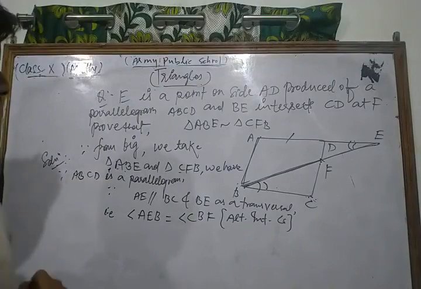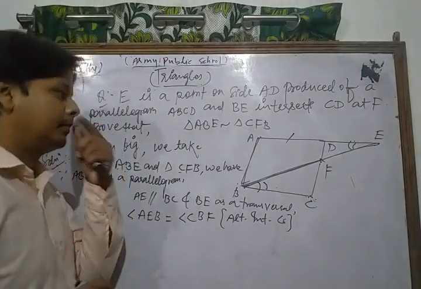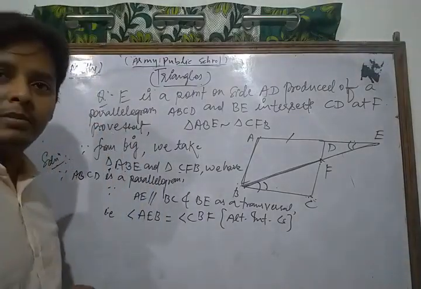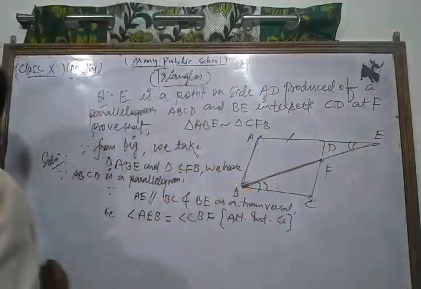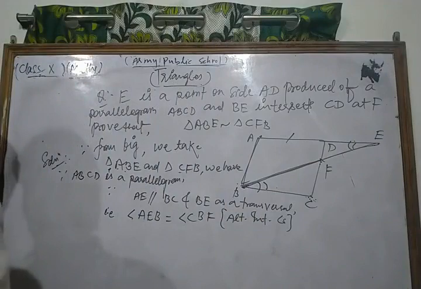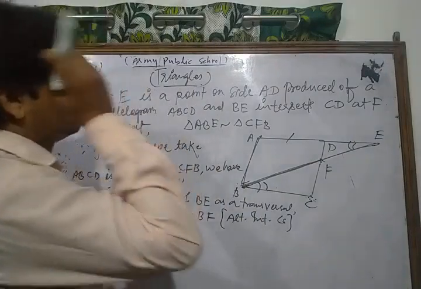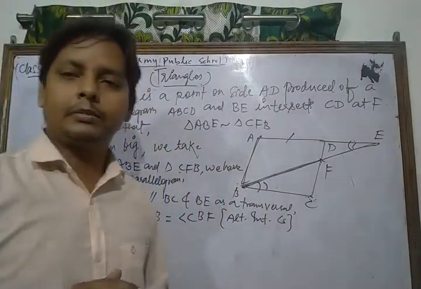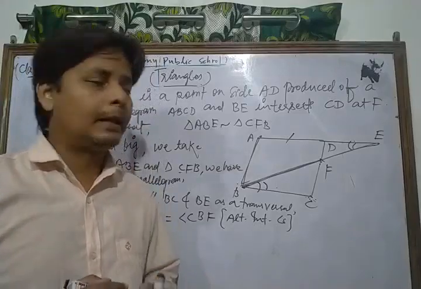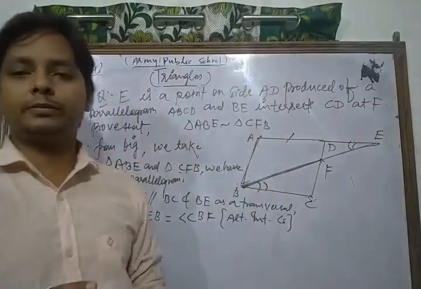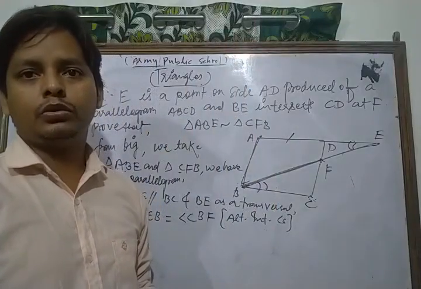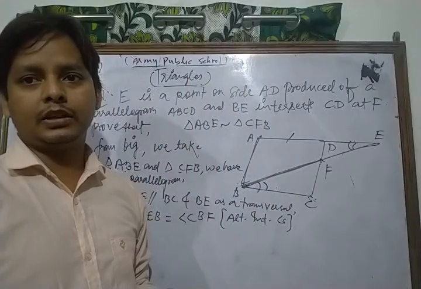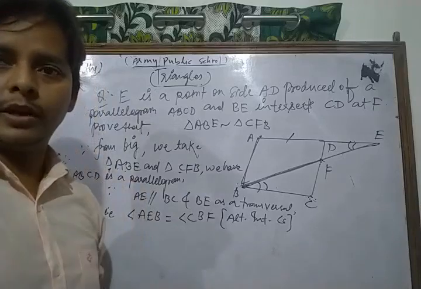And dear friends, in triangle ABE and CFB, look now, and as you know, by the concept of parallelogram, in a parallelogram the opposite angles are equal to each other. Okay.